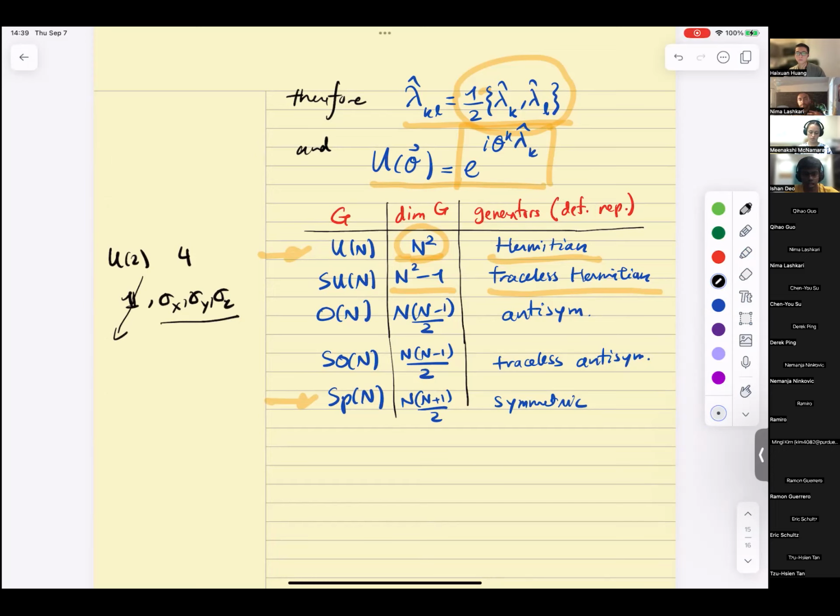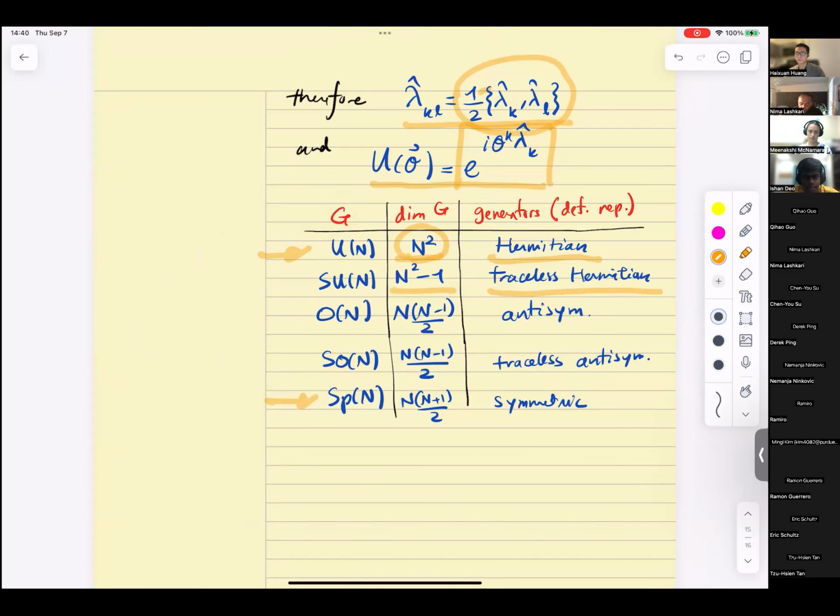So that's the distinction between U2 and SU2. SU2 is generated using sigma x, sigma y, sigma z, but if you want to generate U2, you need the identity as well. Hopefully this is familiar from physics. If this is not familiar from physics, we've got some problems.